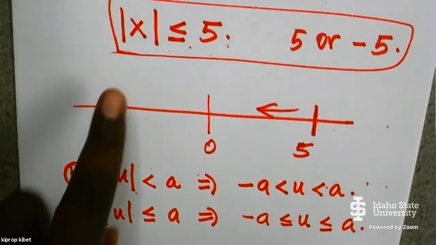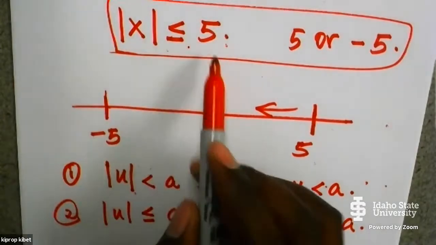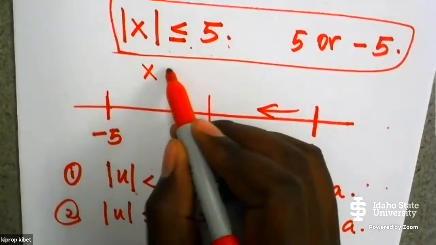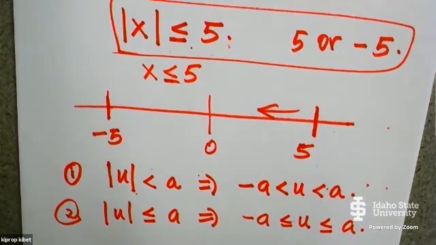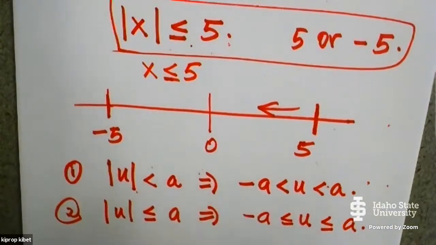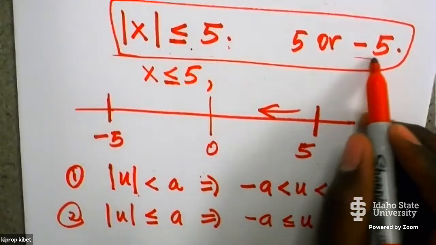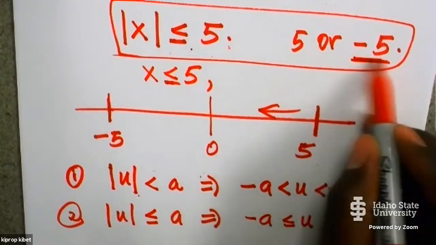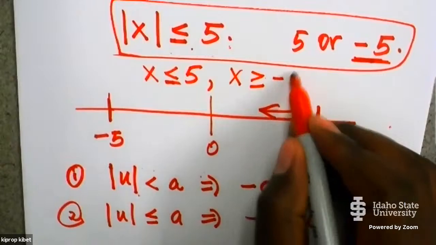Now, from this example, what we can see is the values of x are less or equals to 5. To be within this range, because this is changing the sign to be negative, that means x will now be greater or equals to minus 5.